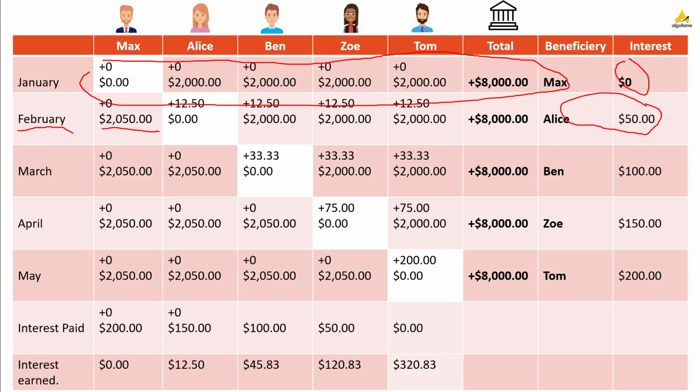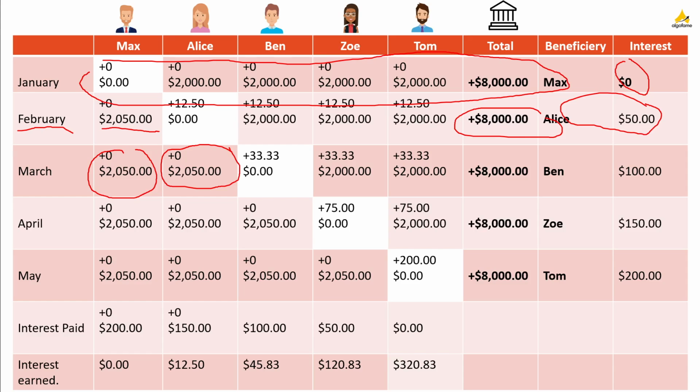And in the month of March, the person who receives the 8,000 in the month of February is Alice. In the month of March, again, Max pays $2,000.50, and then Alice pays $2,000.50 too.